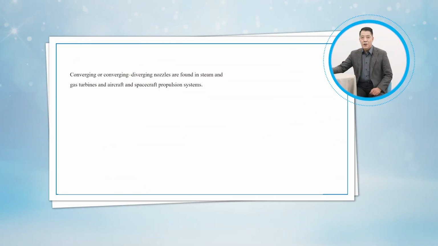The topic of this task is about the effects of back pressure. Converging or converging-diverging nozzles are found in many engineering applications, including steam and gas turbines, aircraft and spacecraft propulsion systems, and even industrial blasting nozzles and torch nozzles.